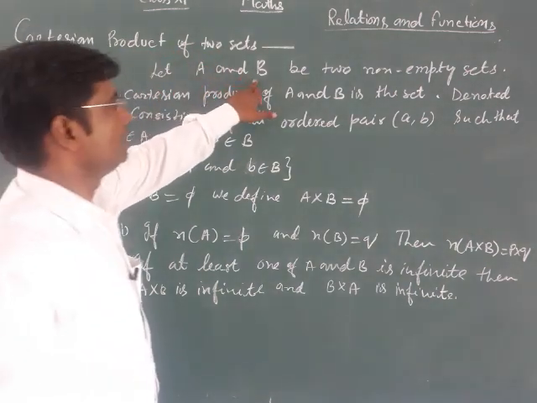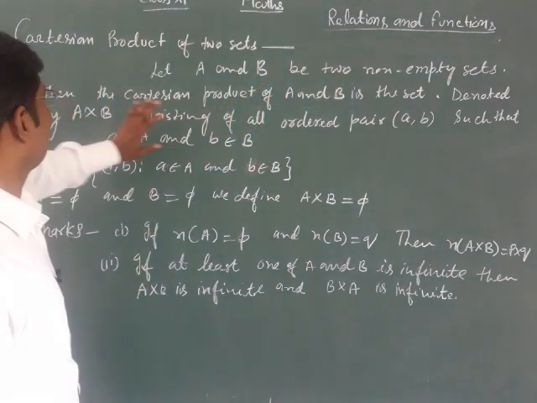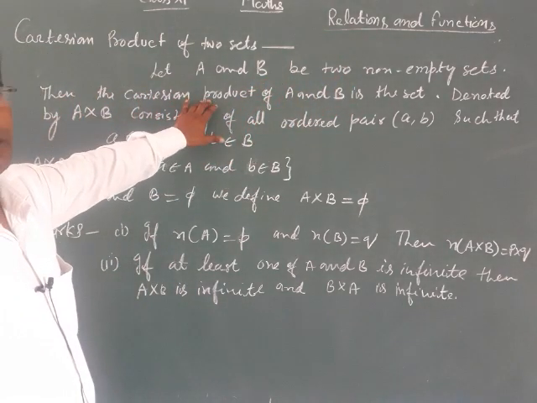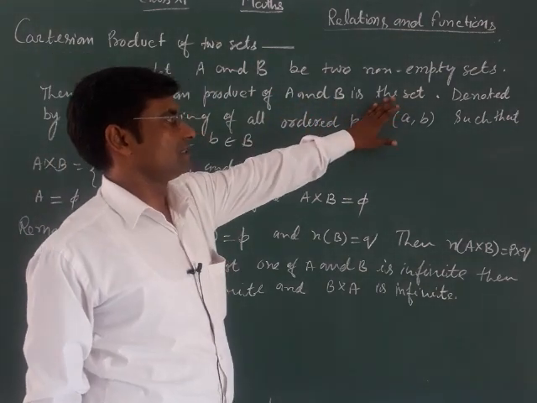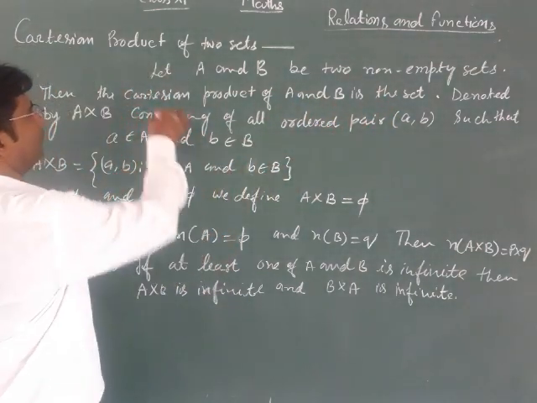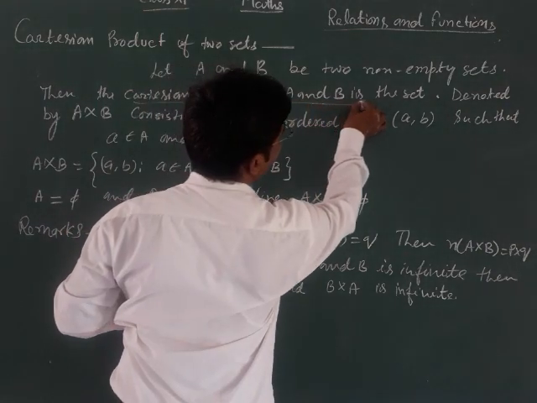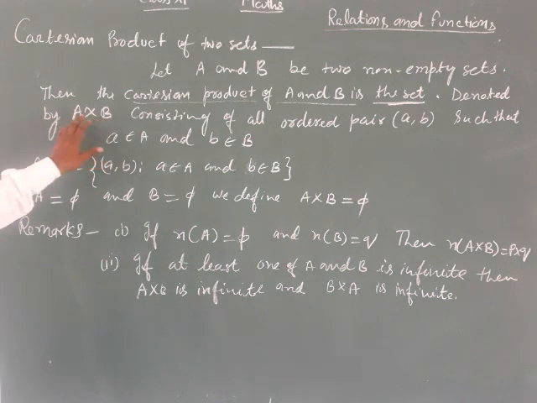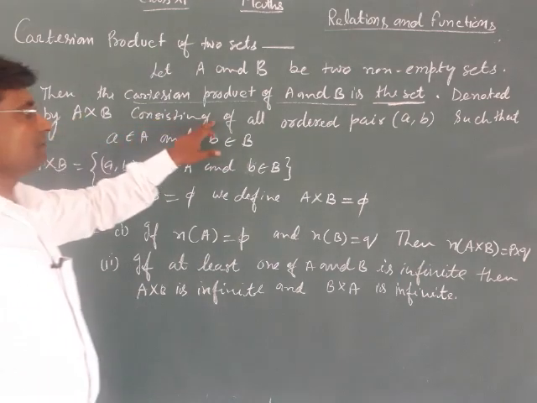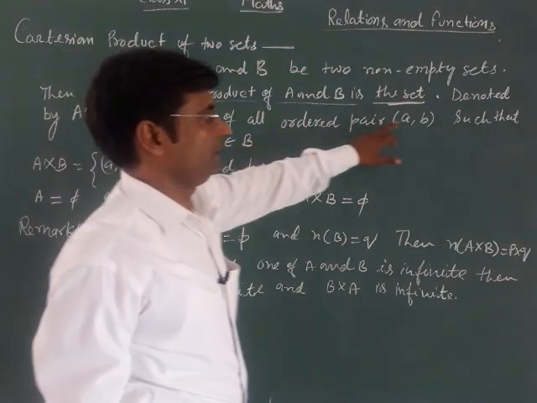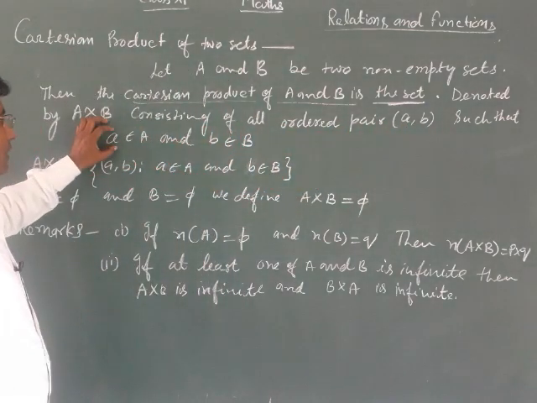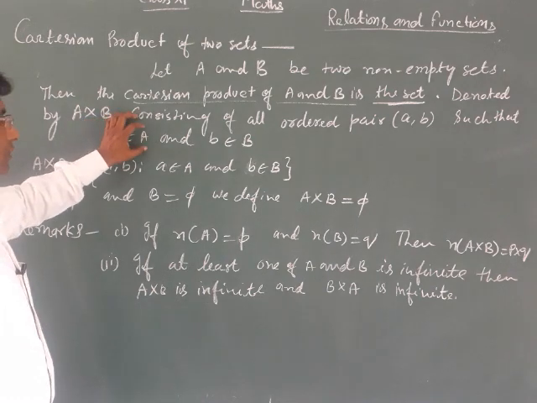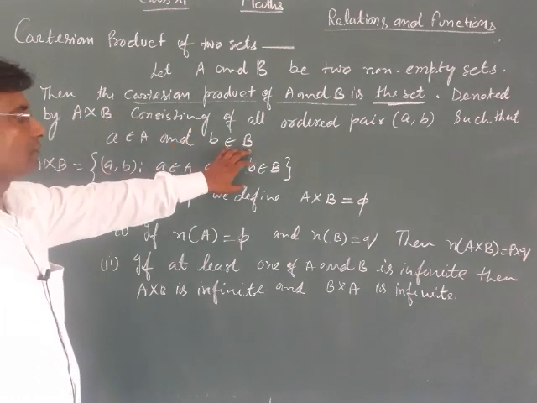If A and B are two non-empty sets, then the Cartesian product of A and B is a set, denoted by A cross B, not A into B. We read A cross B as consisting of all ordered pairs (a, b) such that a belongs to set A and b belongs to set B.